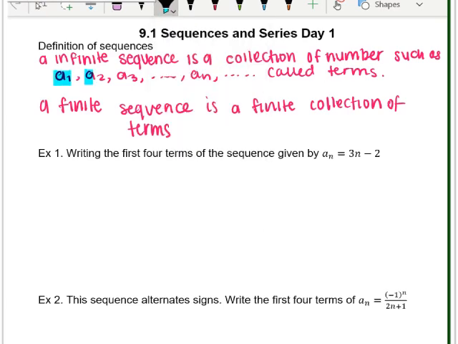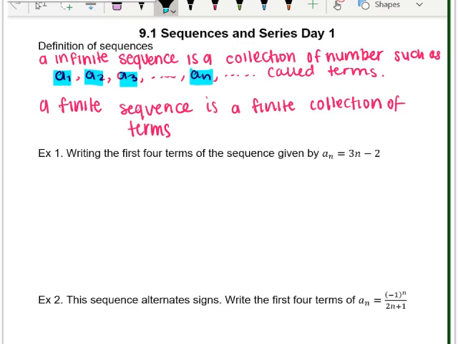A1 is the first term, A2 is the second term, A3 is the third term, AN is the nth term, and a finite sequence is a finite collection of terms. So that could be 10 terms, 11 terms, 20 terms, but not infinitely many terms.